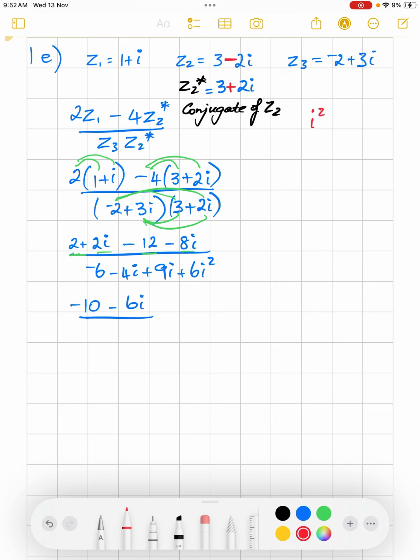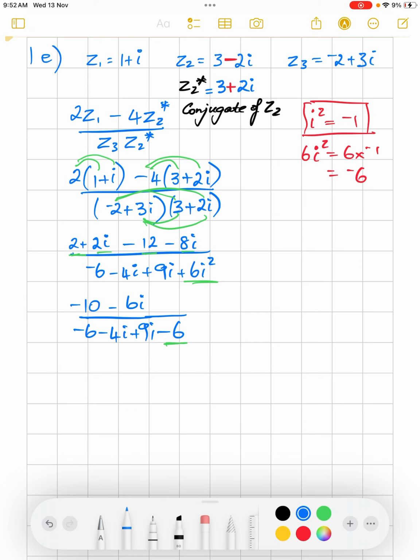So i squared is negative 1, an important skill in complex numbers. So 6i squared is 6 times negative 1, and that becomes negative 6. So I'm just going to rewrite the denominator to have a negative 6 in that position here.